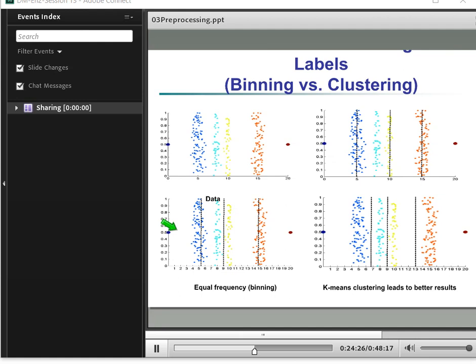The third plot is related to the strategy of equal frequency, or equal depth. Here you can see some bins are wider and some of them are smaller.